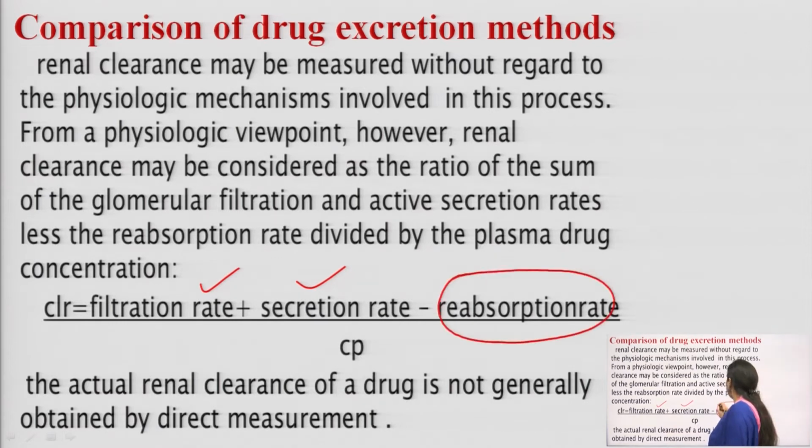Reabsorption is very important, because what is filtered and secreted by the kidney may be reabsorbed once again. So that is also taken into consideration. If we skip this process, we are not getting the exact clearance values from the kidney.